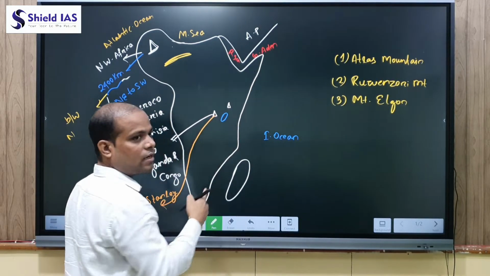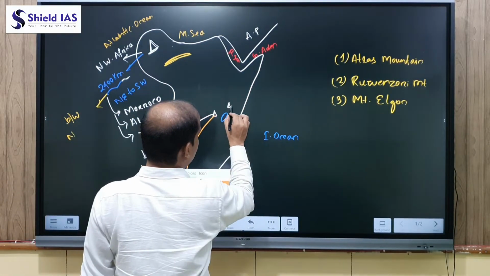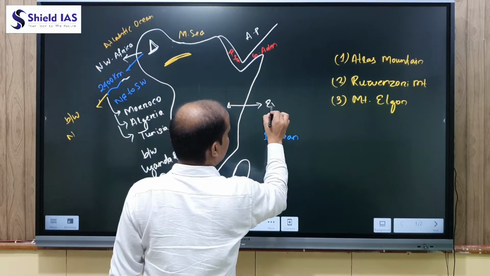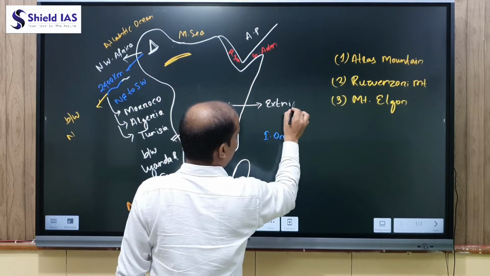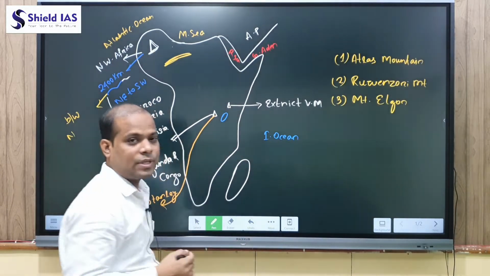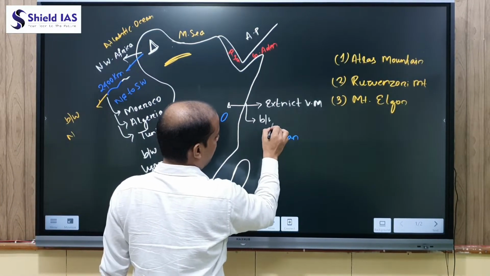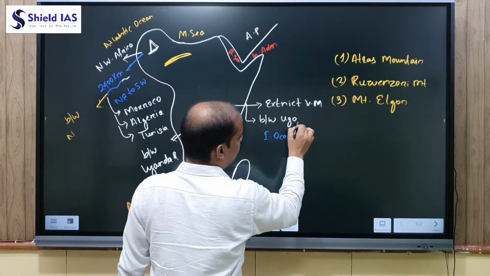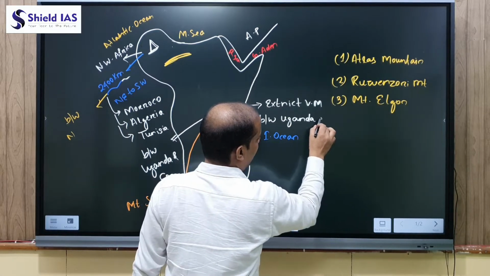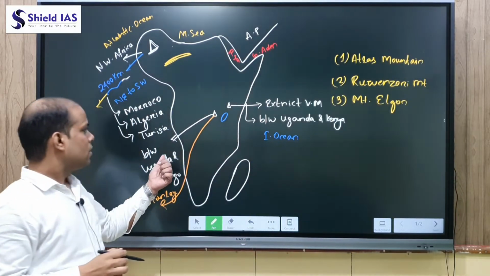It is situated northeast of Lake Victoria, and it is an extinct volcanic mountain which is located between the countries of Uganda and Kenya.